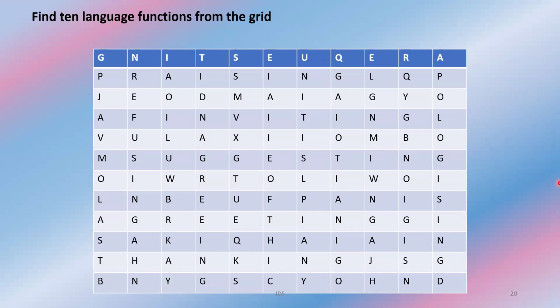You need to tell me the row or the column. Thanking, okay, here you have thanking. Ten, so one you have found out. Next, suggesting. Where is it? Sixth line.